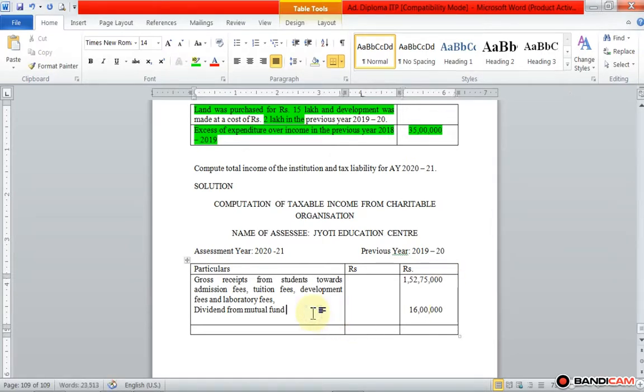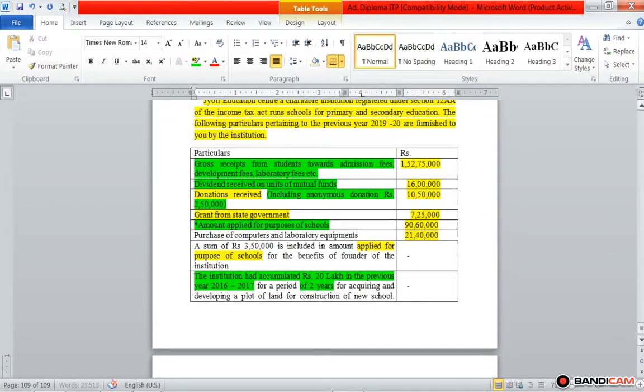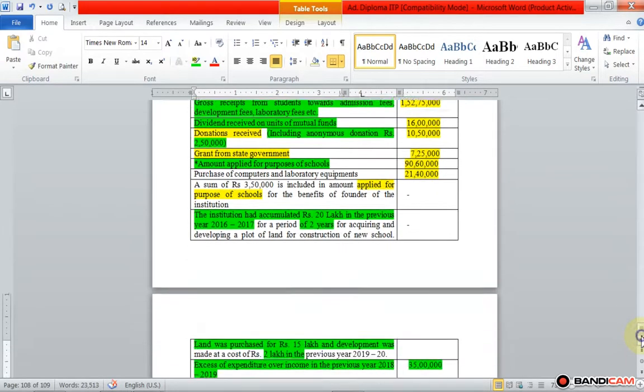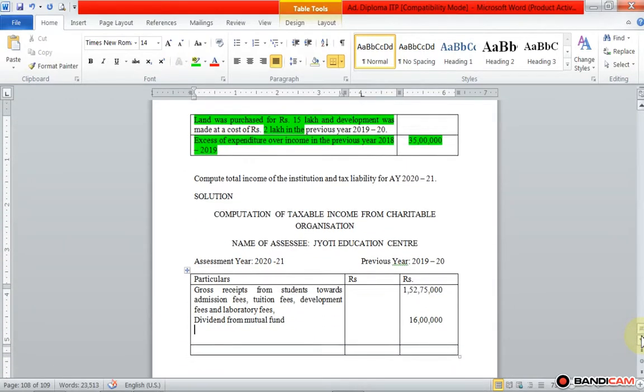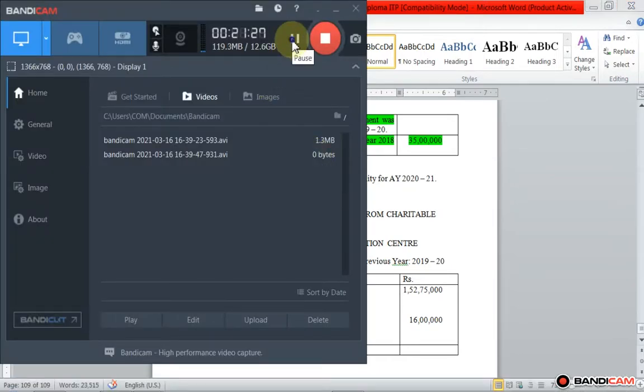Then donation received other than anonymous donation. So donation, voluntary contribution excluding the anonymous donation.